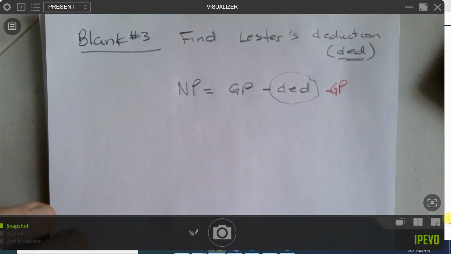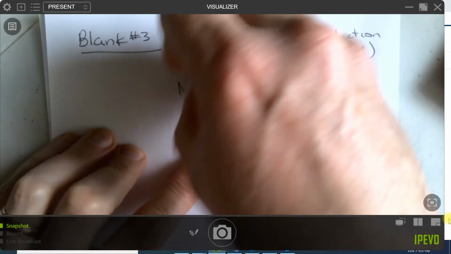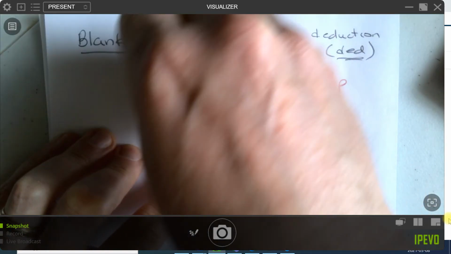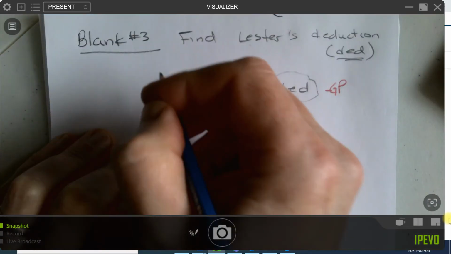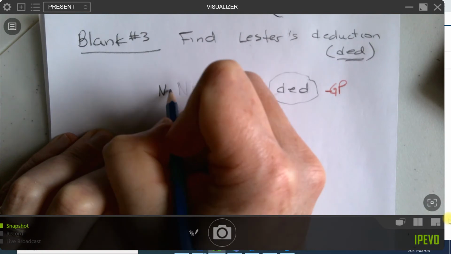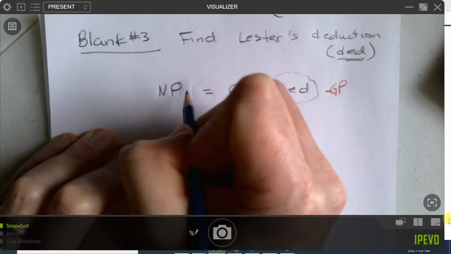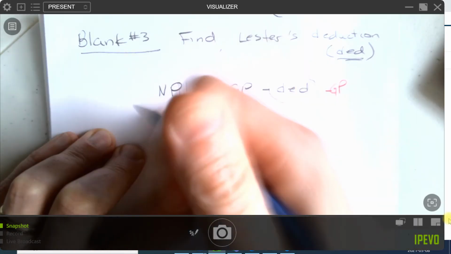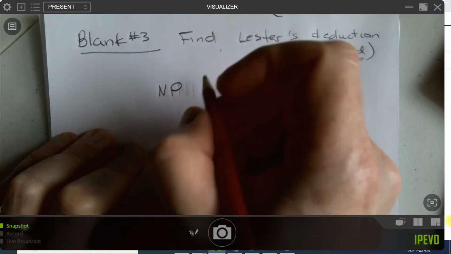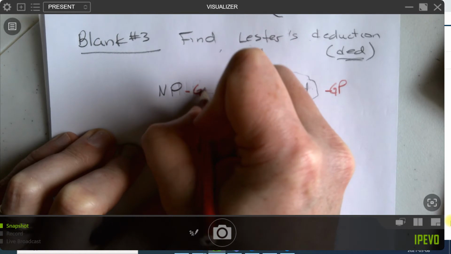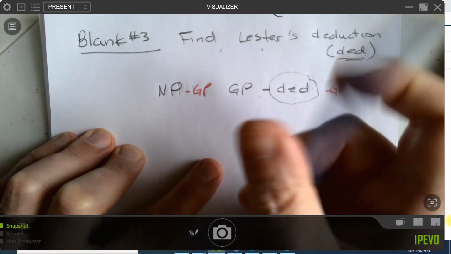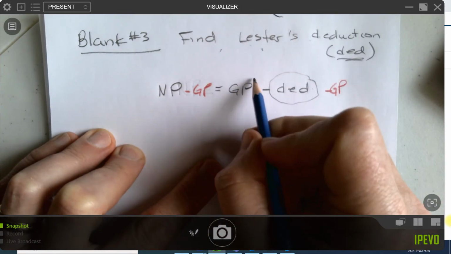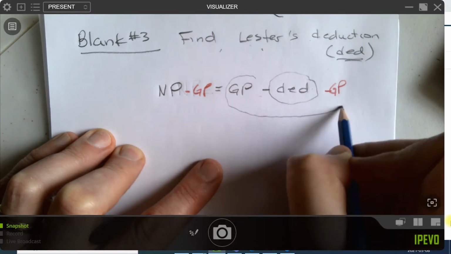And of course, if I do it on that side, I have to do it on the other side. So I have to do it on both sides. So it's net pay. And I'm sure you guys will do this all in one step, but I did minus gross pay is equal to gross pay. So here we have gross pay minus gross pay.